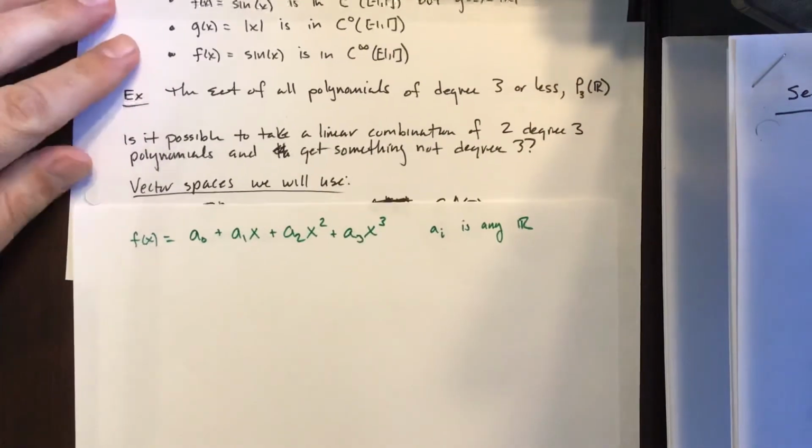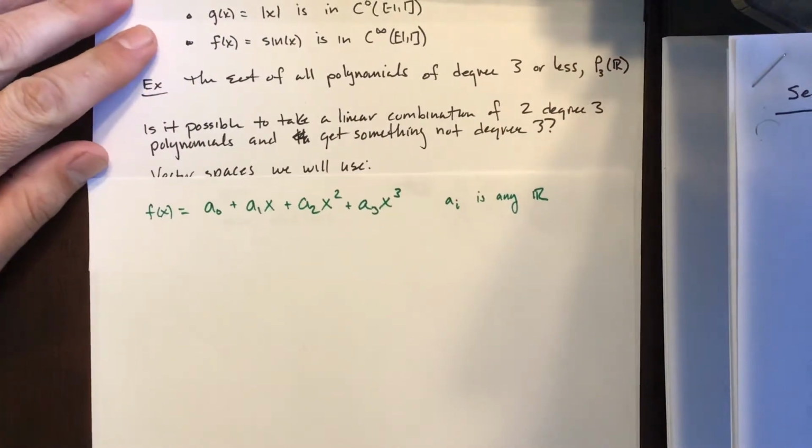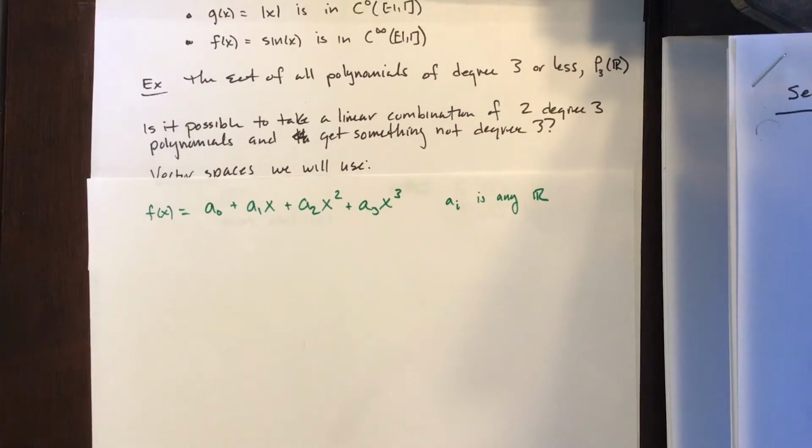Is it possible to take a linear combination of 2 degree 3 polynomials and get something that's not degree 3?